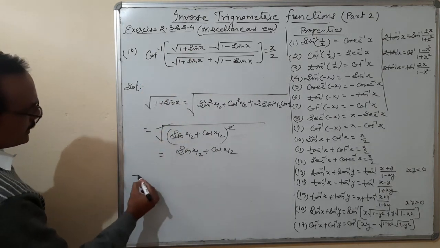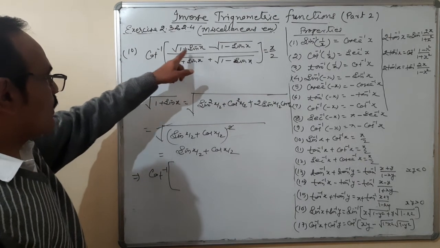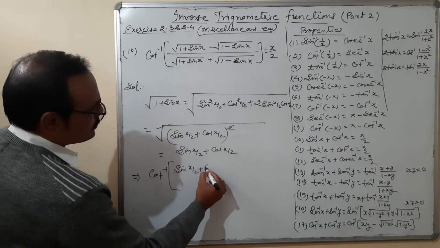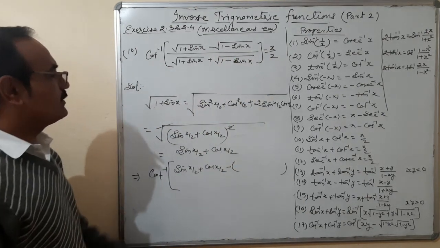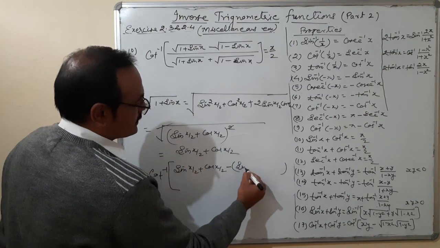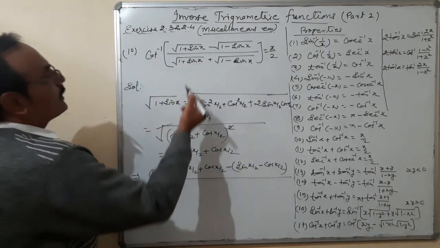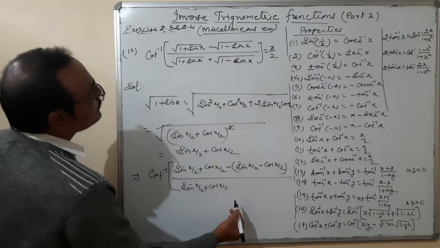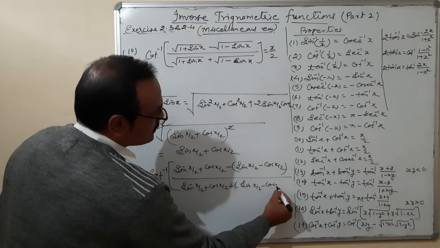So finally, if I write the term cot inverse, what should I write here? Root 1 plus sin x, I can write sin x by 2 plus cos x by 2. Minus, if this term I want to write 1 minus sin x, there's a sign change in the identity, so it is sin x by 2 minus cos x by 2. Same thing in the denominator also, sin x by 2 plus cos x by 2 plus sin x by 2 minus cos x by 2.